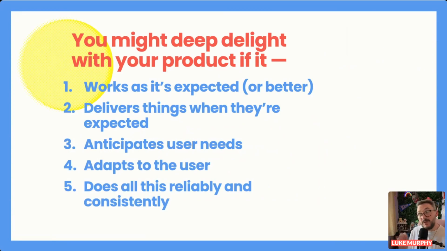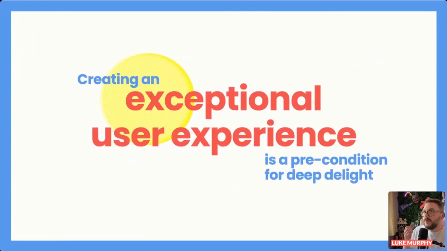And then, very importantly, it does all of these things reliably and consistently. Because if you don't have that reliability and consistency with those updates, then it's probably not delivering on that delight anyway, because it's not delivering things when they're expected or working as expected. So basically, creating an exceptional user experience is a precondition for deep delight.